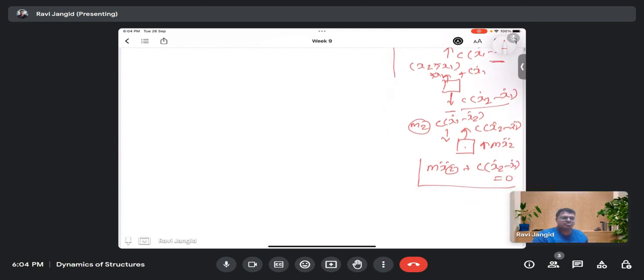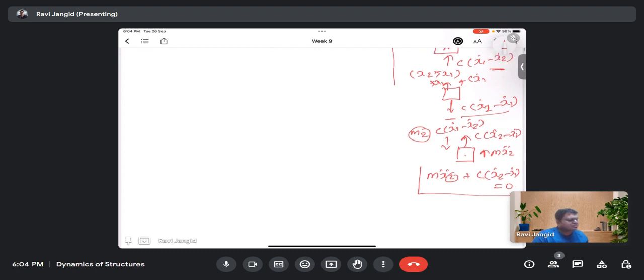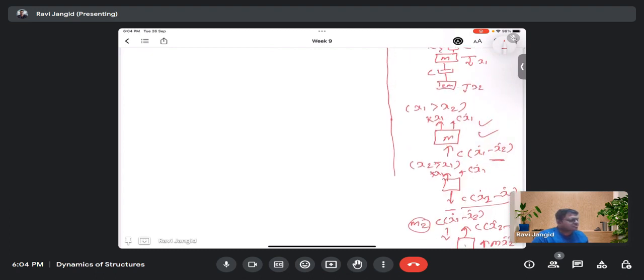Yes. What mistake I made is in the first diagram that you have drawn. The upward force c into x1 dot minus x2 dot is there, right? Yes, this one, the first free body diagram. What I did is, in the same direction, I have taken c into x2 dot minus x1 dot. No, no, that would be wrong.